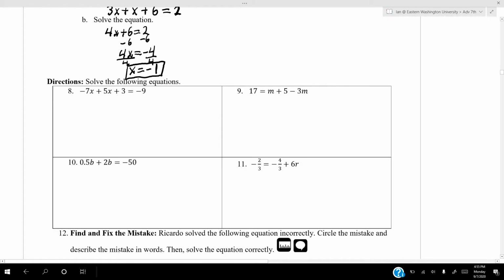Okay? So number 11, let's distribute. We don't have to distribute. Number 2 is to combine our like terms. Our like terms are already combined for us. Man, this is easy. Step 3 is to move our variable. Well, we don't have to move our variable. Step 4, move our constant.